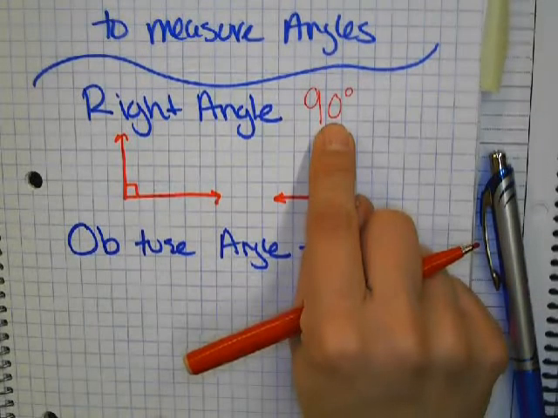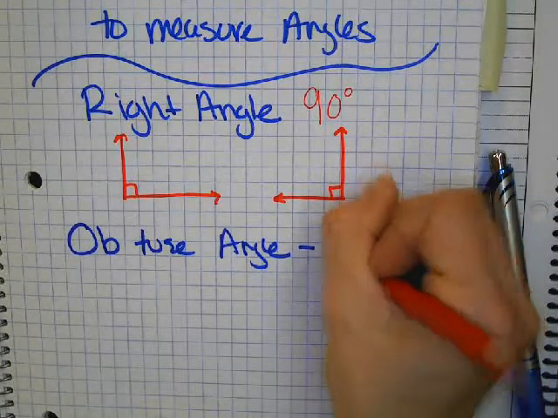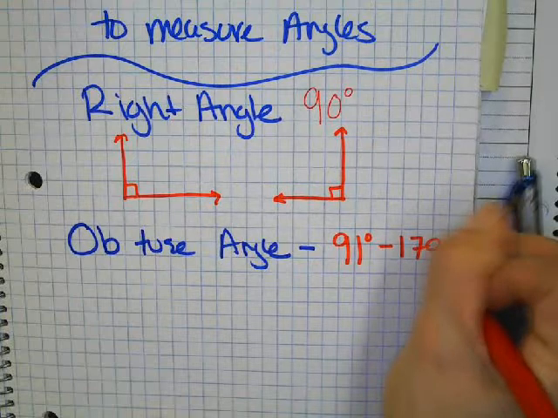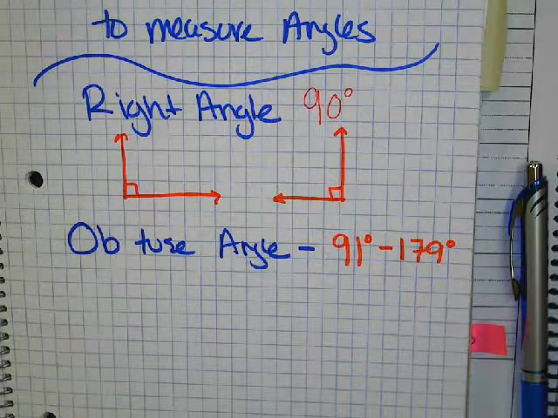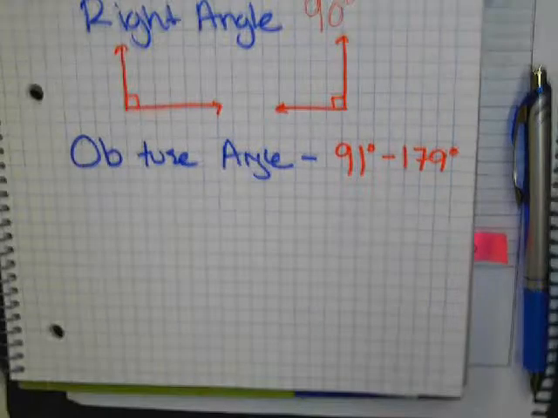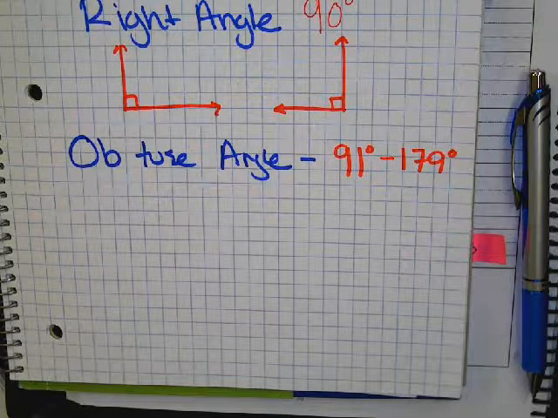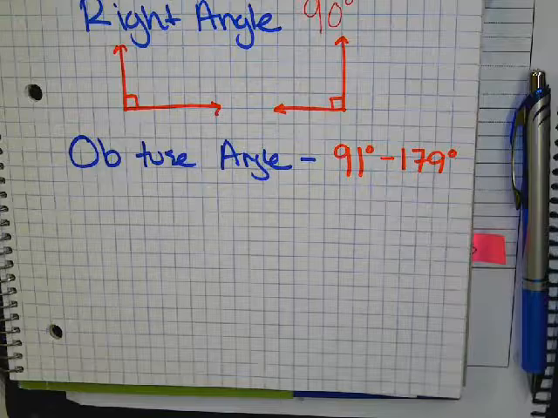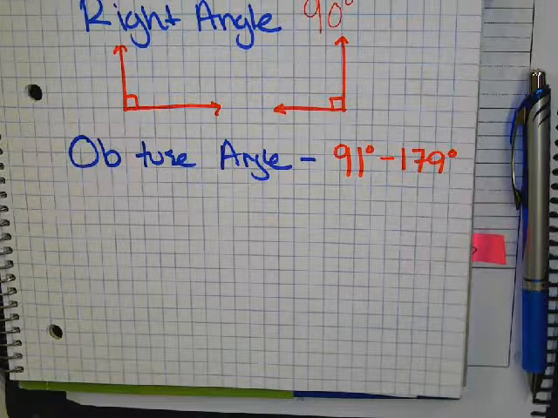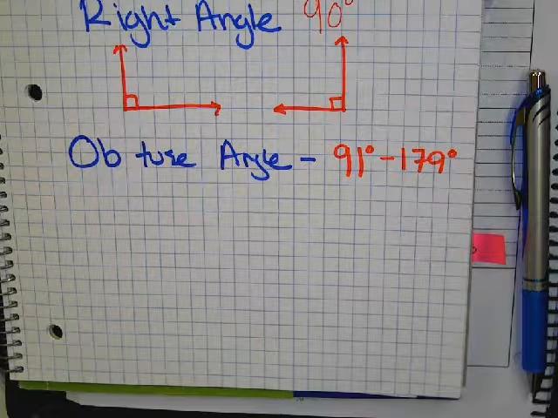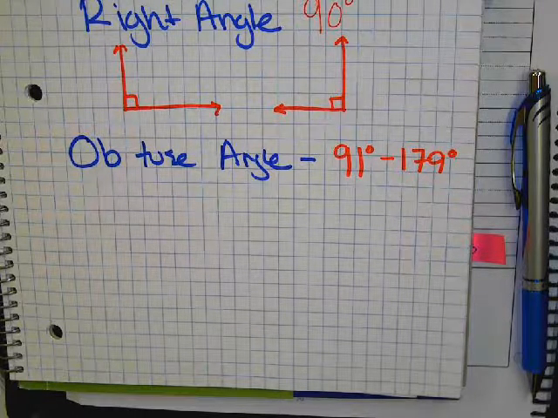So it has to be bigger than 90. So 91 degrees all the way to 179 degrees. Does anybody know what an obtuse angle looks like? It has to be big. Basically this is your 90, right? And it has to be bigger. So yeah, use those muscles. Flex.